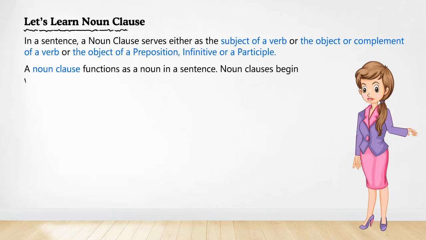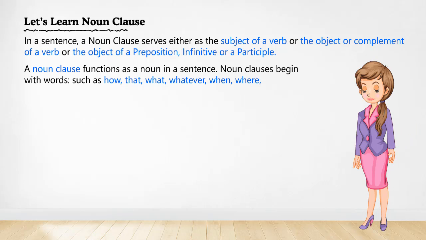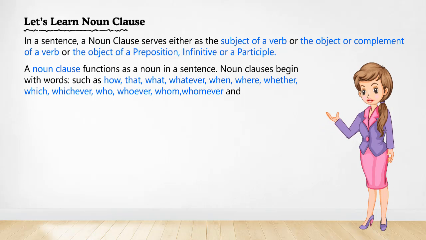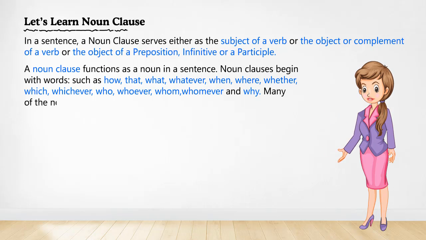Noun clauses begin with words such as how, that, what, whatever, when, where, whether, which, whichever, who, whoever, whom, whomever, and why. Many of the noun clauses begin with that.